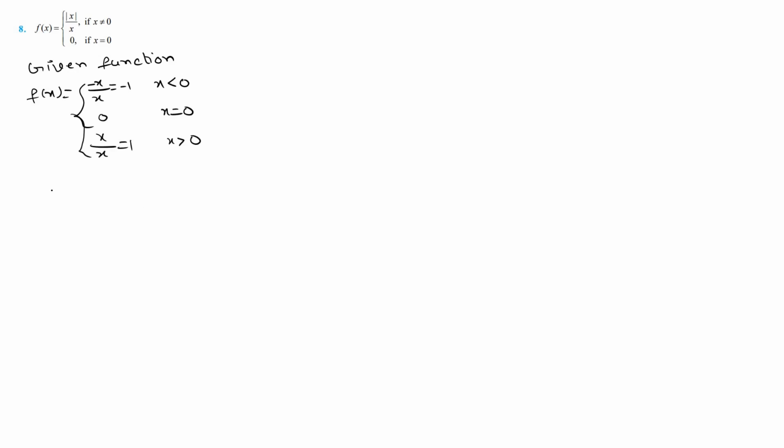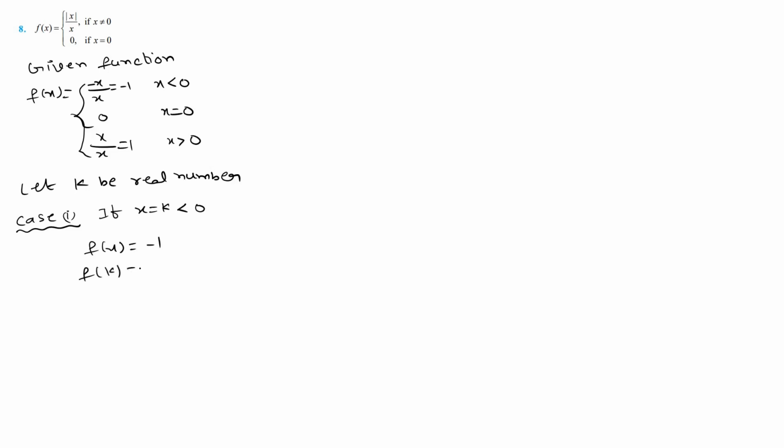Now here also we get three cases. Let k be a real number. Case 1: if x equal to k and k is less than 0, we take this function, f of x equal to minus 1. Then f of k also is minus 1.